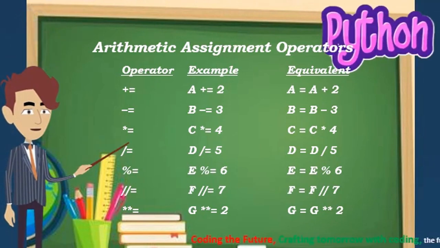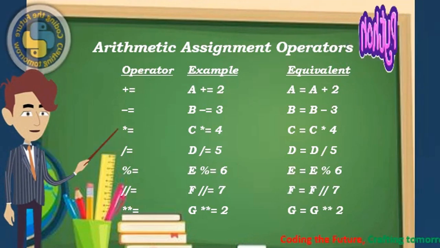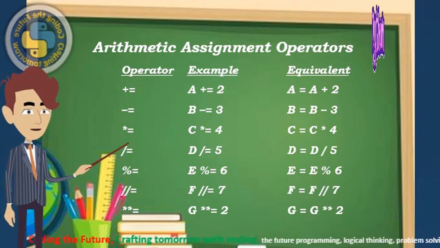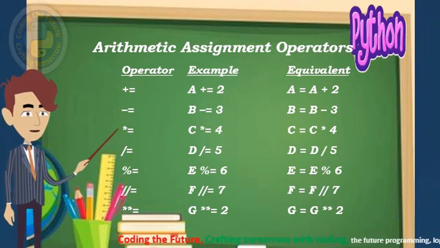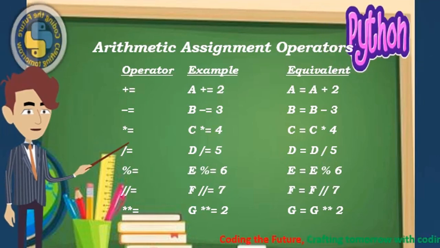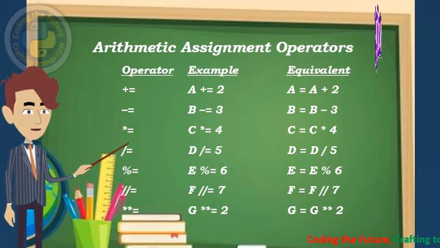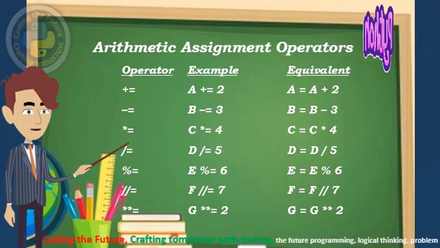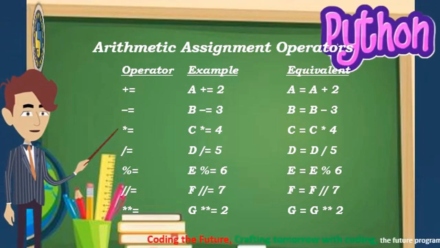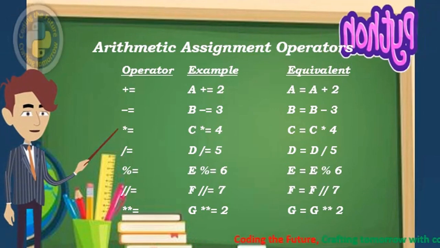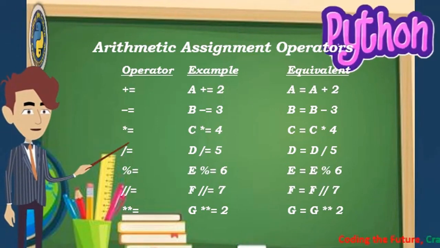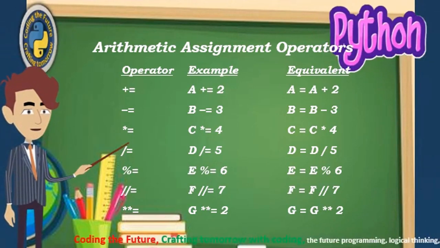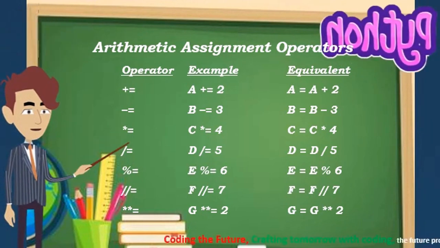Next is double slash equal to, that is also a division operator, that is floor division, only integer division will be carried out. f double slash equal to 7 is equivalent to f is equal to f double slash 7. Double asterisk equal to, that is the exponentiation operator: g double asterisk equal to 2 is equivalent to g is equal to g exponentiation operator double asterisk 2.